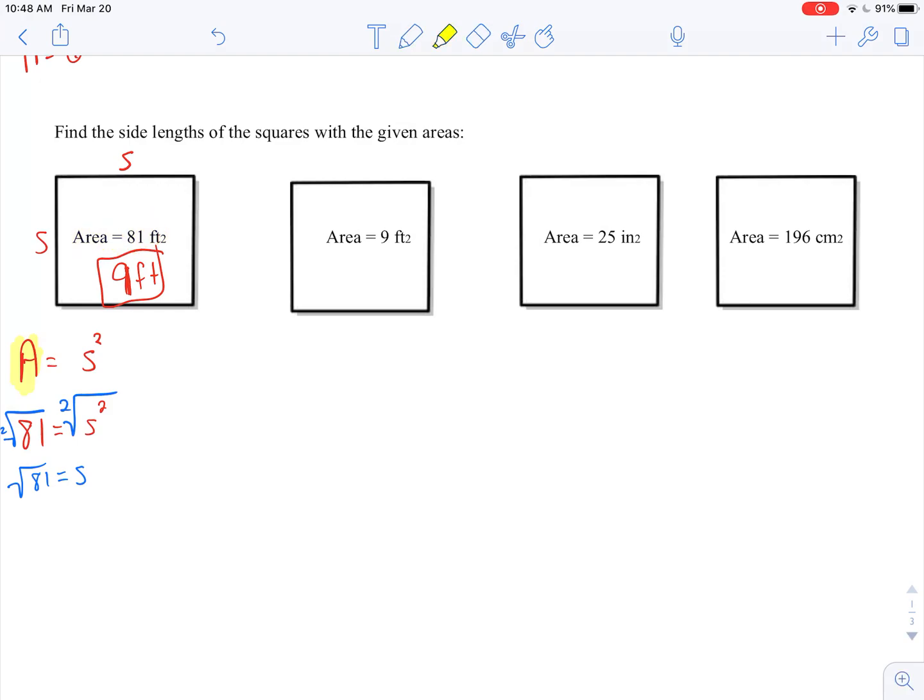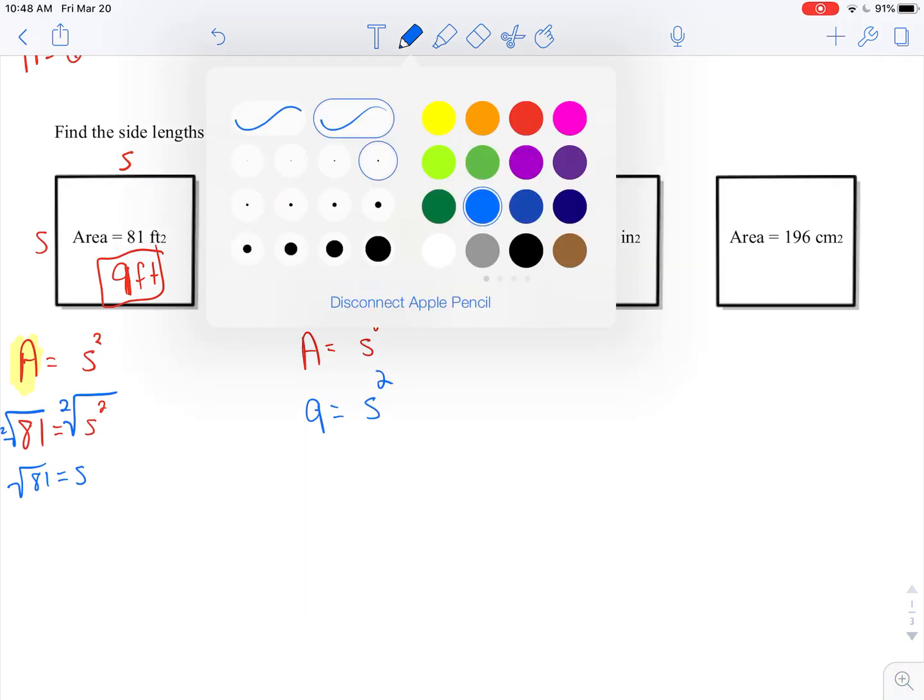All right, and how did we get 9? What did we do there? Well, we took that area value and we square rooted it. We took the square root of 81 to get 9. So here's my area. So area equals, again, side length squared. Where do I plug in that area? Well, I should plug in the area value where area goes.